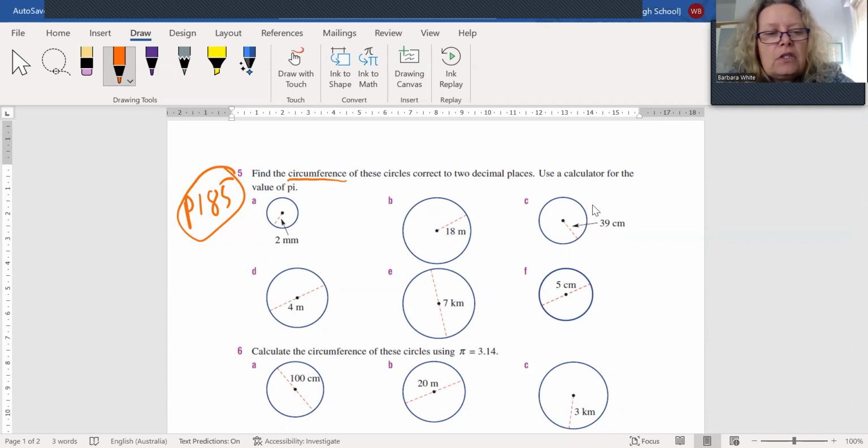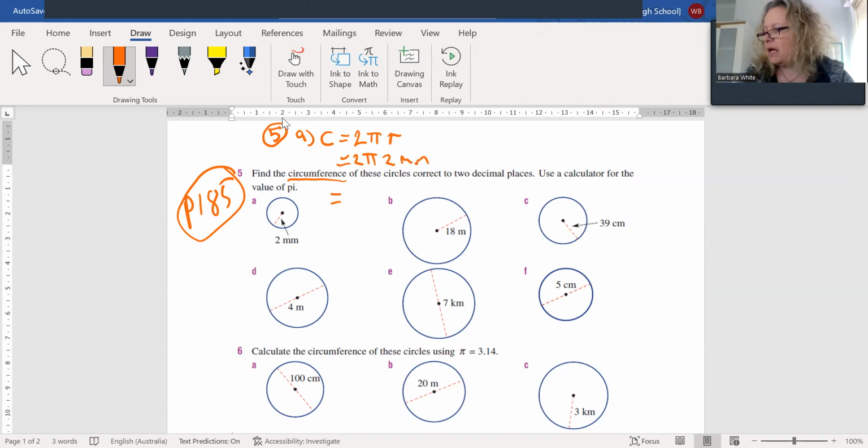The circumference of this circle, you're going to write question 5 with a circle round it, part A. You're going to write circumference equals 2 times pi times radius equals 2 times pi times 2 millimeters equals, grab your calculator, 12.57 millimeters. Round it to 2 decimal places. Okay.